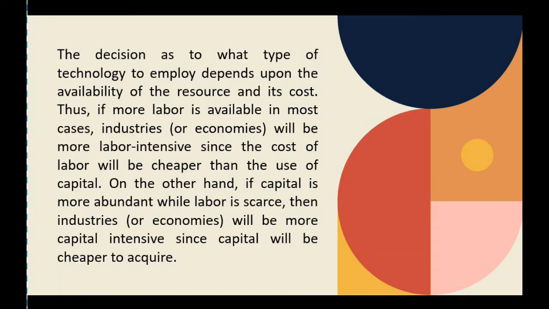And so the decision as to what type of technology to employ depends upon the availability of the resource and its cost. Thus, if more labor is available, in most cases industries or economies will be more labor-intensive since the cost of labor will be cheaper than the use of capital. On the other hand, if capital is more abundant while labor is scarce, then industries or economies will be more capital-intensive since capital will be cheaper to acquire.